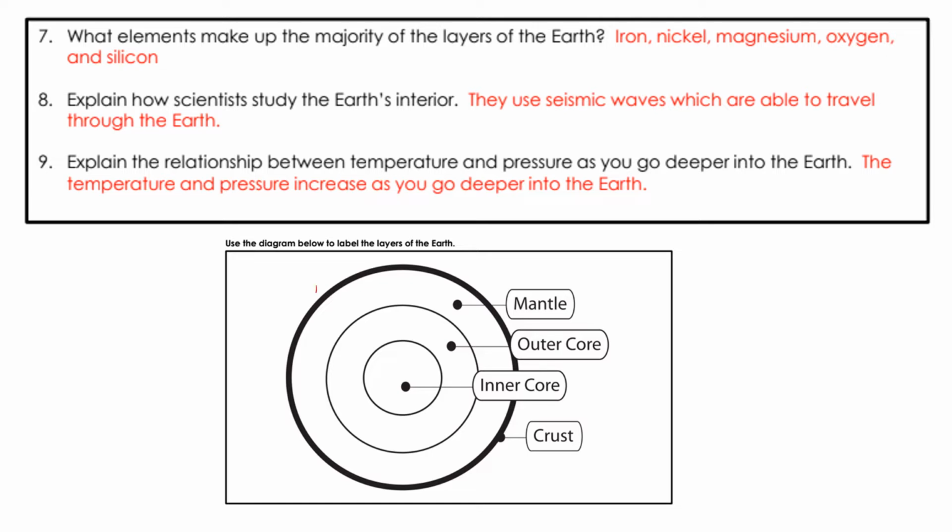Let's say that there is an earthquake on one side of Earth. We have seismographs all over Earth measuring vibrations and measuring earthquakes. So even if there's an earthquake way over here, and Eagle Pass is over here on the bottom right, let's say we have a seismograph here.